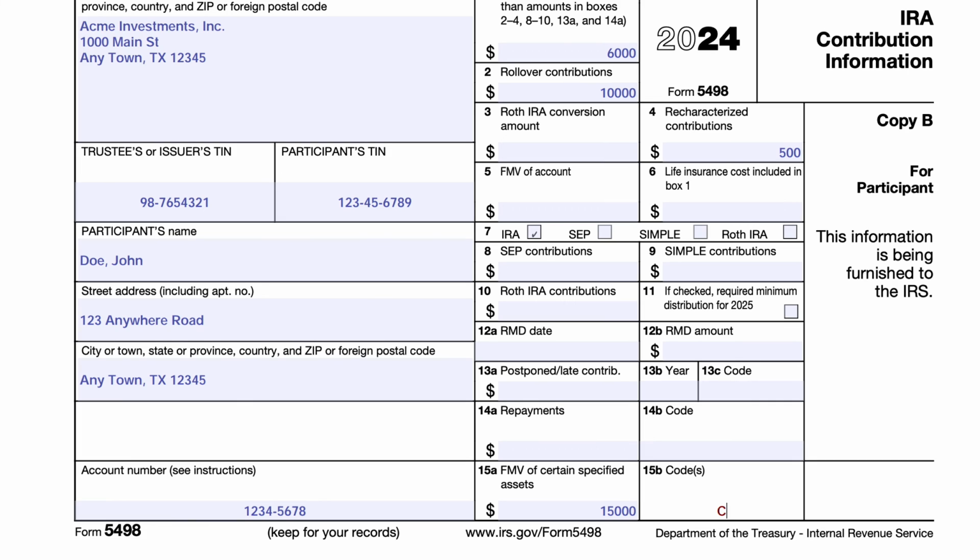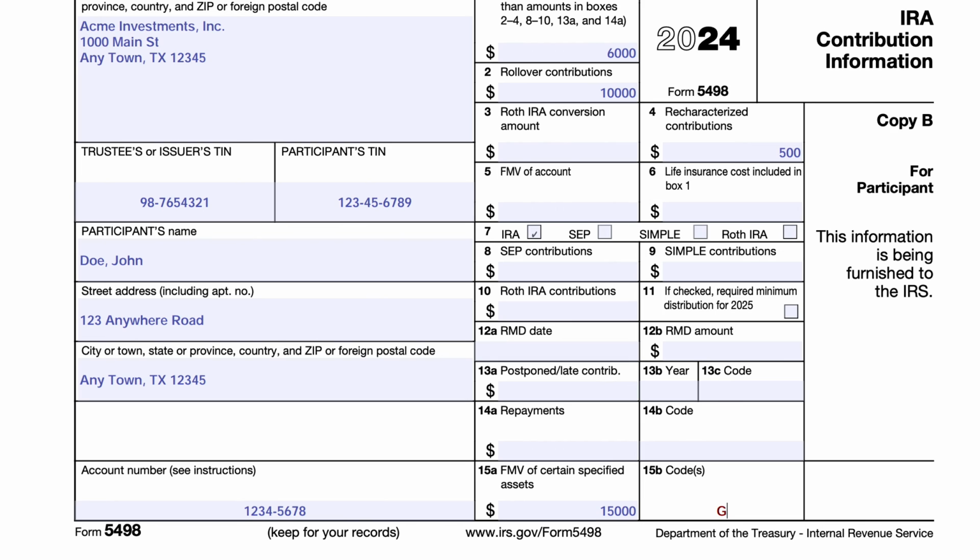D is for real estate. You probably would not see these unless you have a self-directed IRA. E is ownership interest in a partnership or a trust or a similar entity. F is for option contracts. G is for some other type of asset that doesn't really have a fair market value that's readily available.